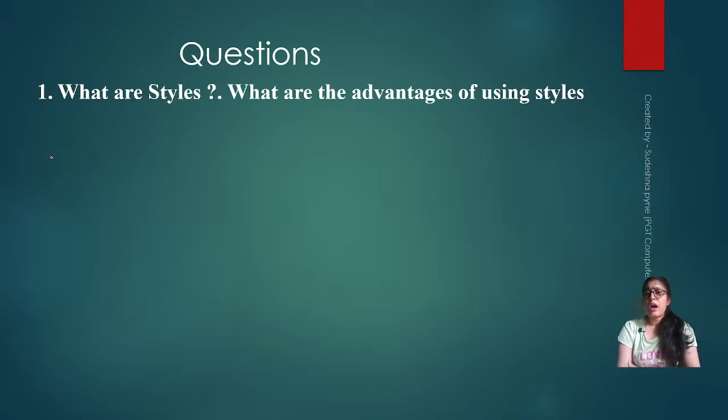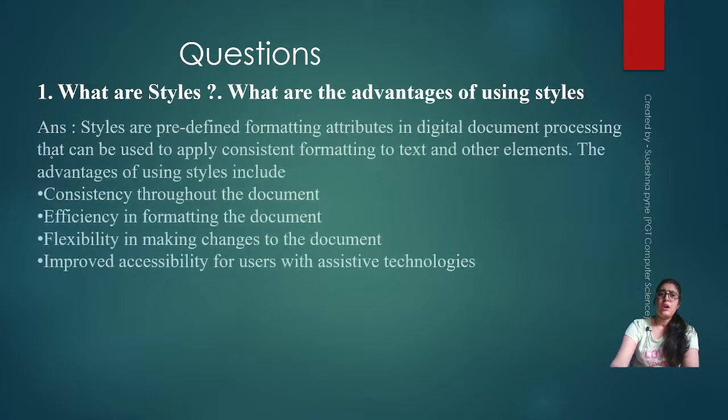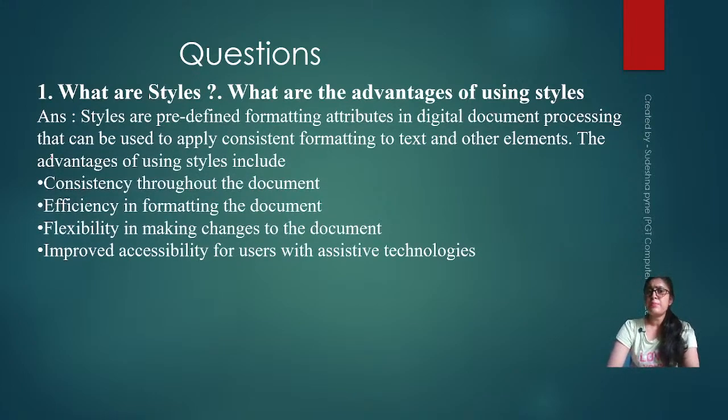So all of the things we have learned today. The first thing is style selection, or what are the advantages of using styles inside an OpenOffice document or a digital document. First, styles are predefined formatting attributes in digital document processing that can be used to apply consistent formatting to text and other elements.